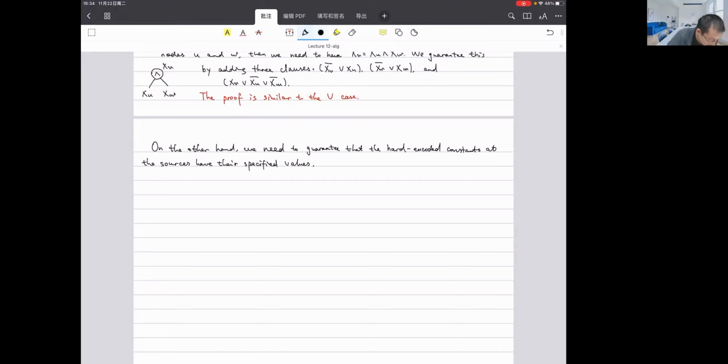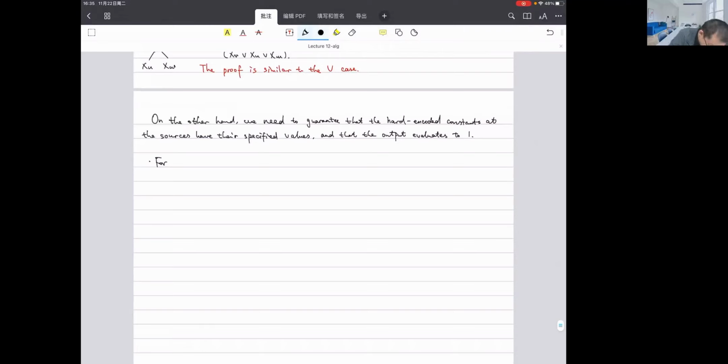And we also need to check that the output evaluates to 1. Okay, so how do we do this? We still have some kind of way to do this.